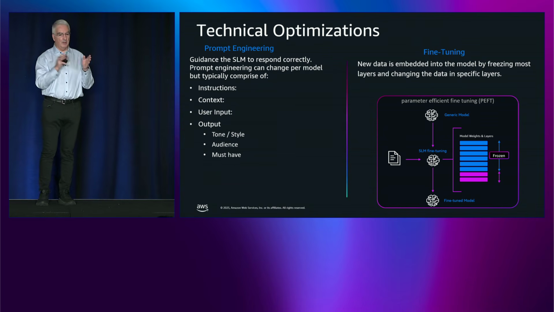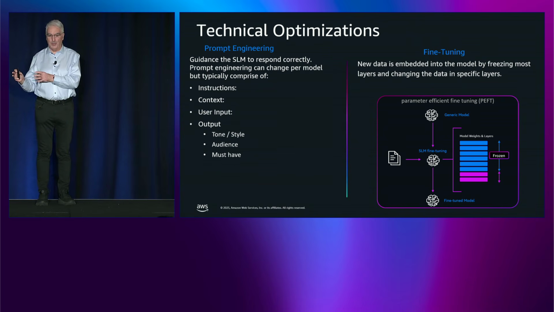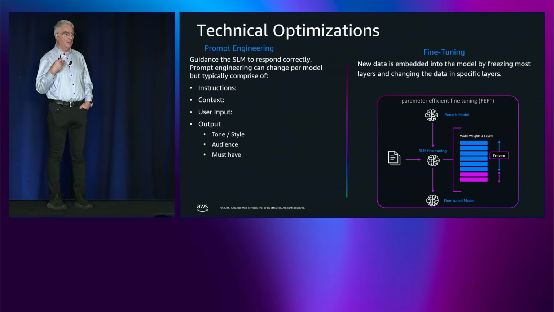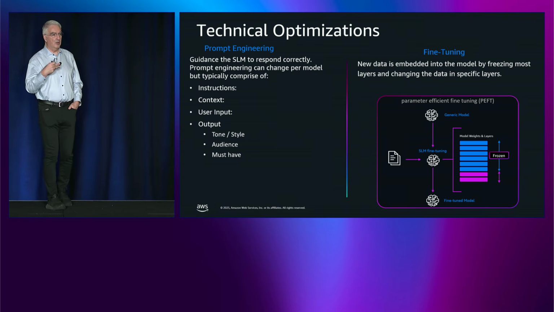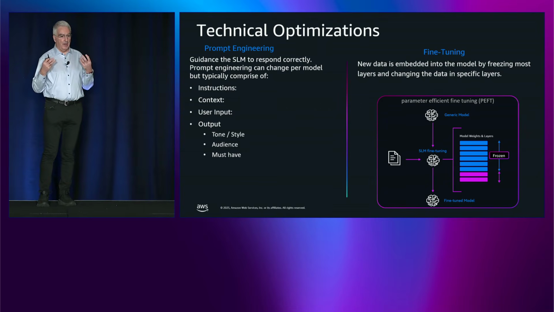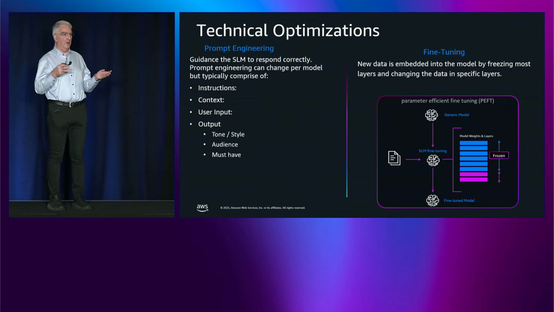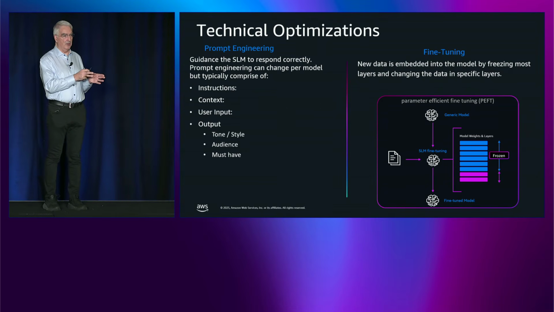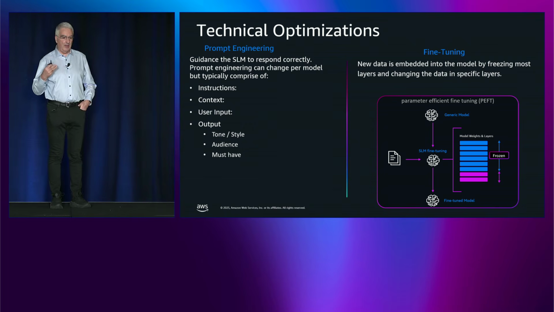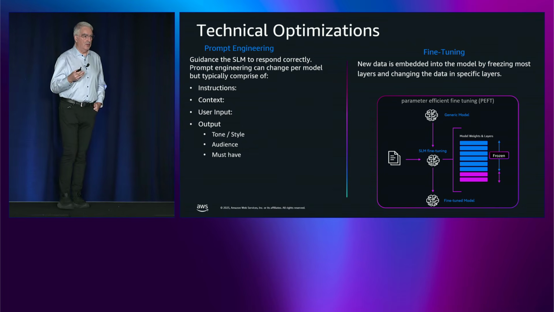You need to really guide the model into the behavior you want. The user input is really important in terms of who the user is, and whether they are non-technical or technical, etc. You can also add a security component to say what they can and cannot access. Then the output is the tone and style.